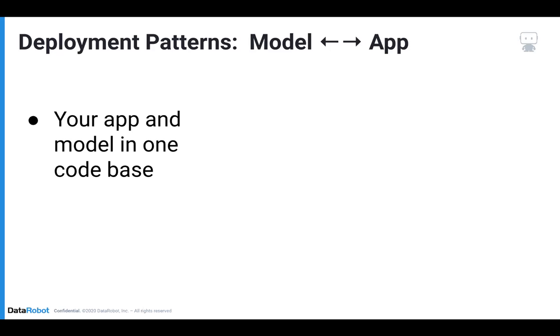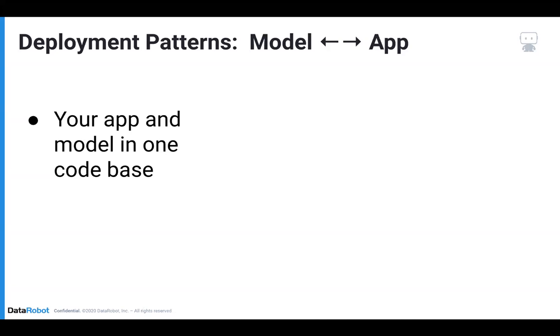Now, one way you can do this, if you're a Python programmer, for example, is you can code up your model in Python, right? Use scikit, pandas, all those tools. And then you could even create a simple web app using something like Flask and put all those development tools into one package and deploy that.